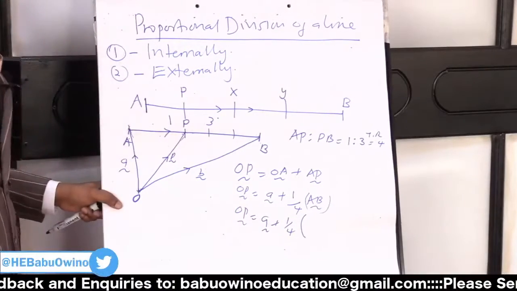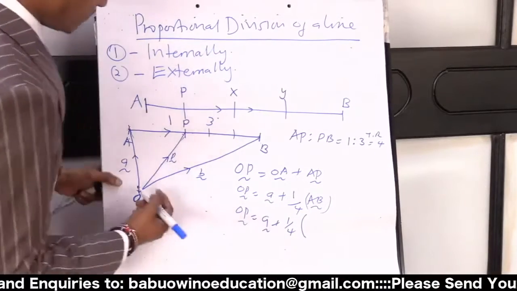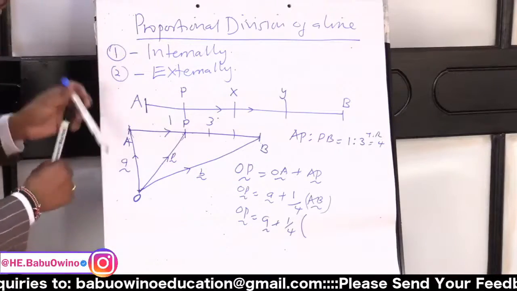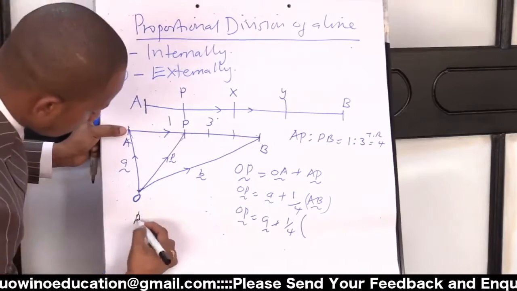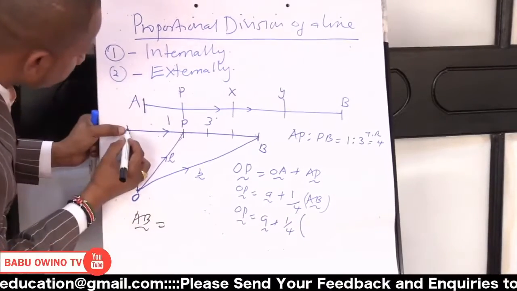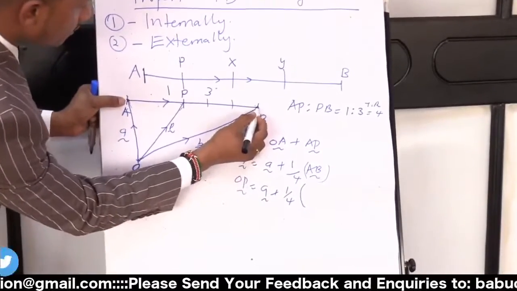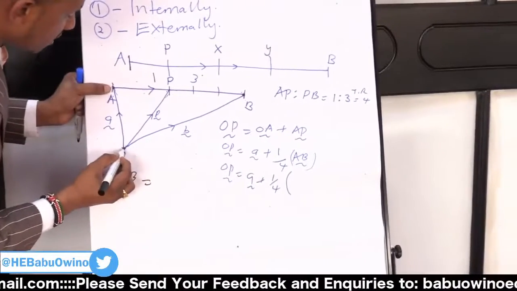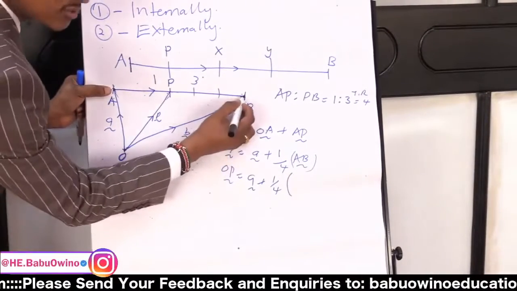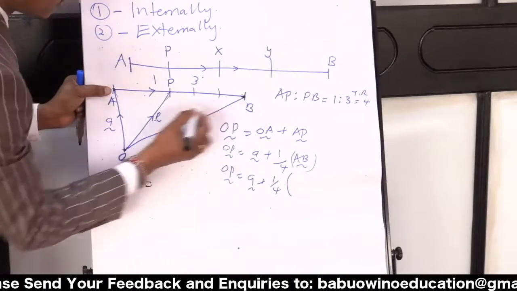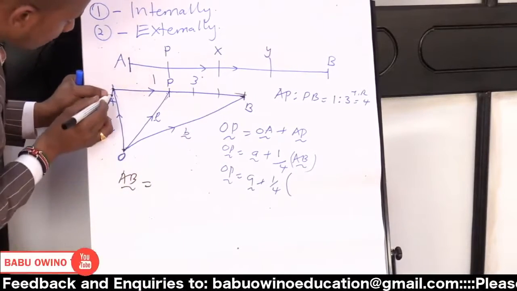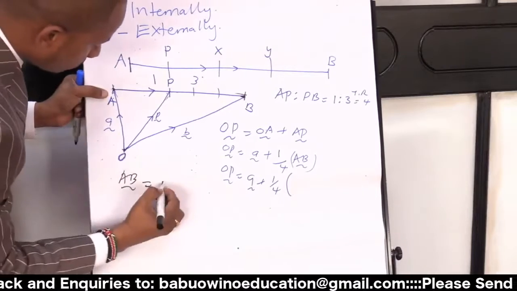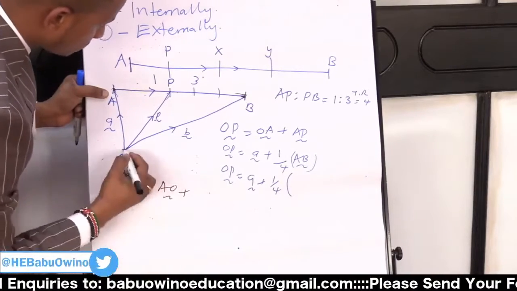I told you AB means B minus A. Or you can simply ask, how do I move from A to B? If you want to move from A to B, you can go direct, or you can say AB is equal to AO plus OB.